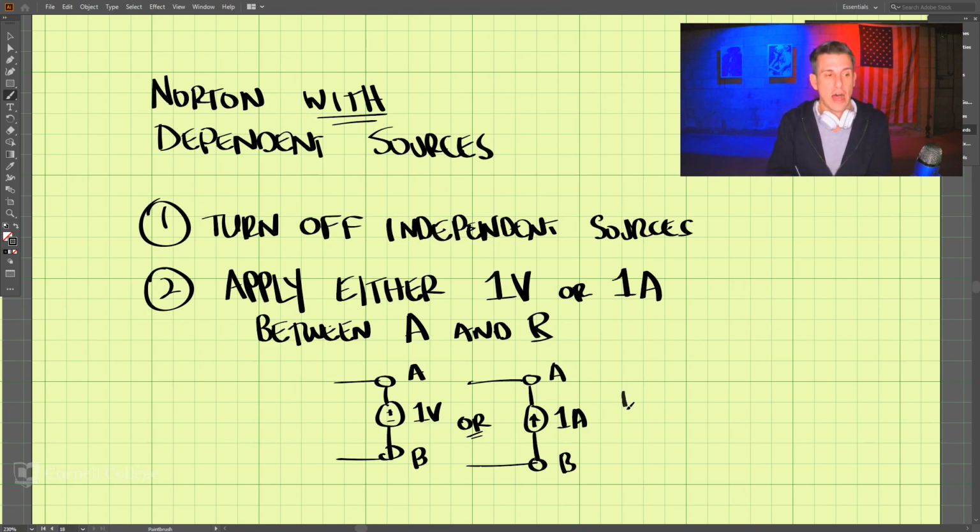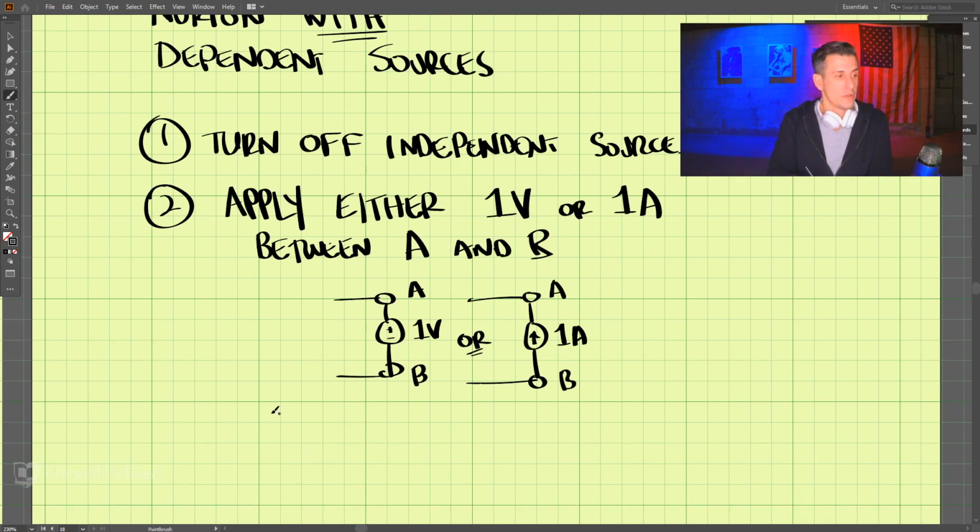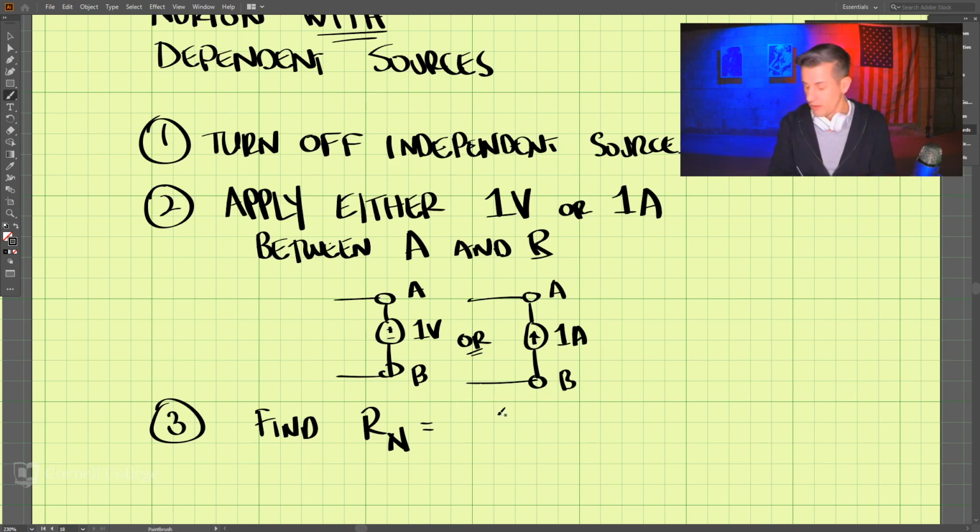And then you find the Norton resistance, because that is equal to the voltage across A and B divided by the current that you find.